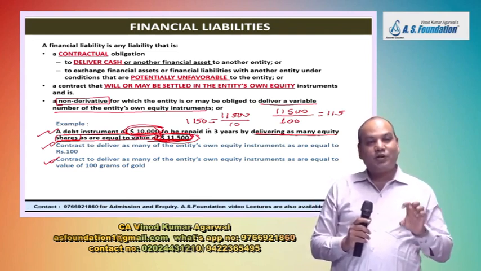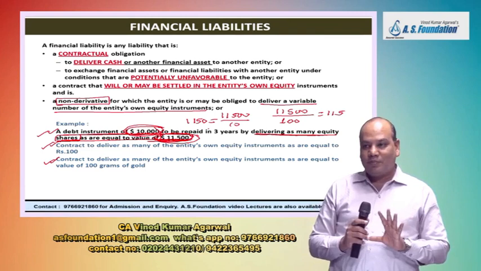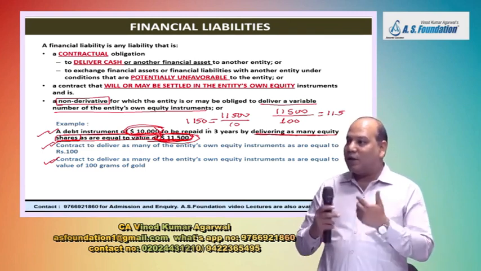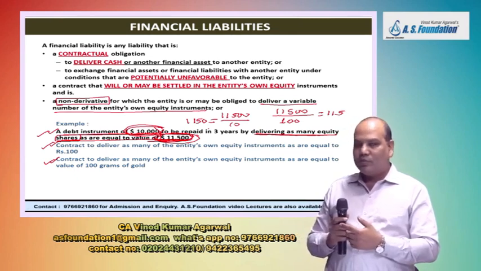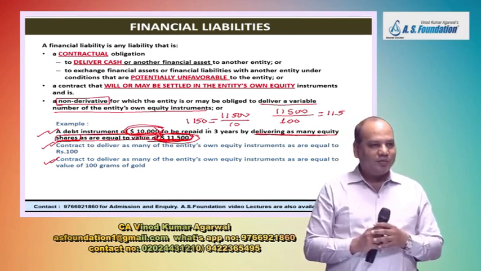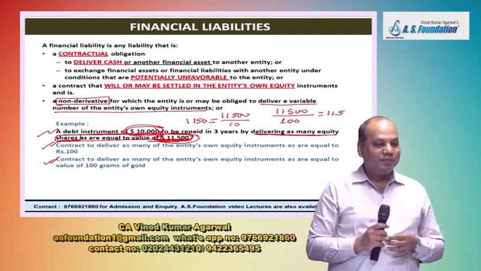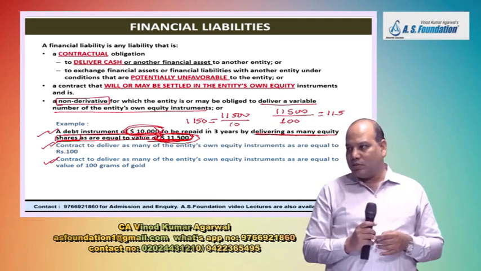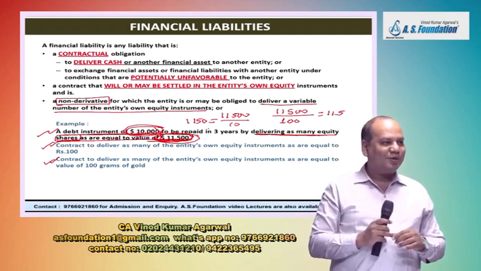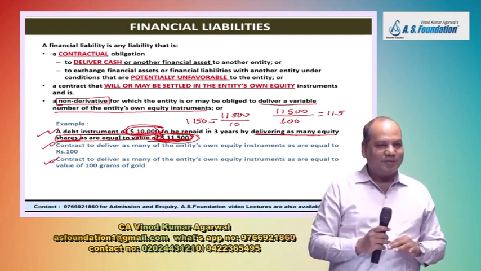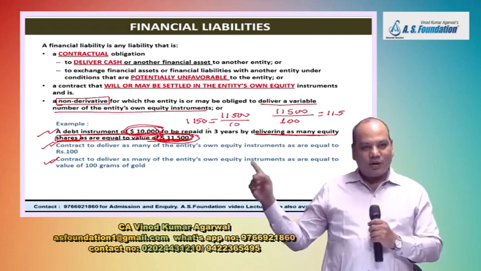But if the price is $5,000 per share, he'll get 5,000 into 100, $5 lakh worth of shares. So he's going to get that benefit. So who is exposed to such risk? The owner or the lender? Owner. The owner is exposed to such price fluctuation. The lender gets a fixed amount. Is it right? So this is a liability.